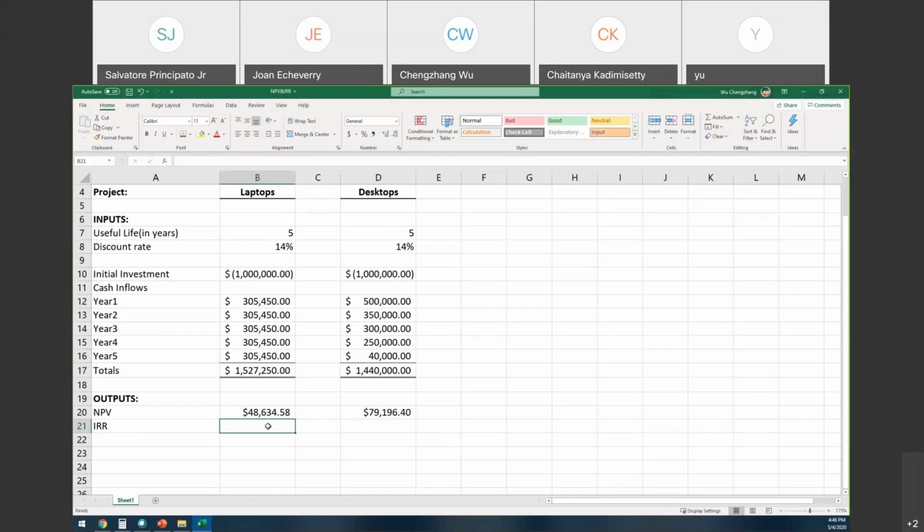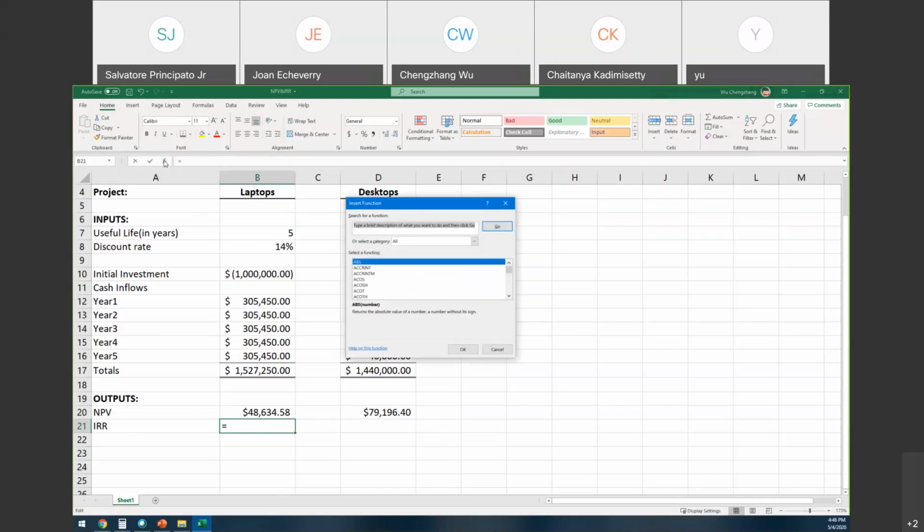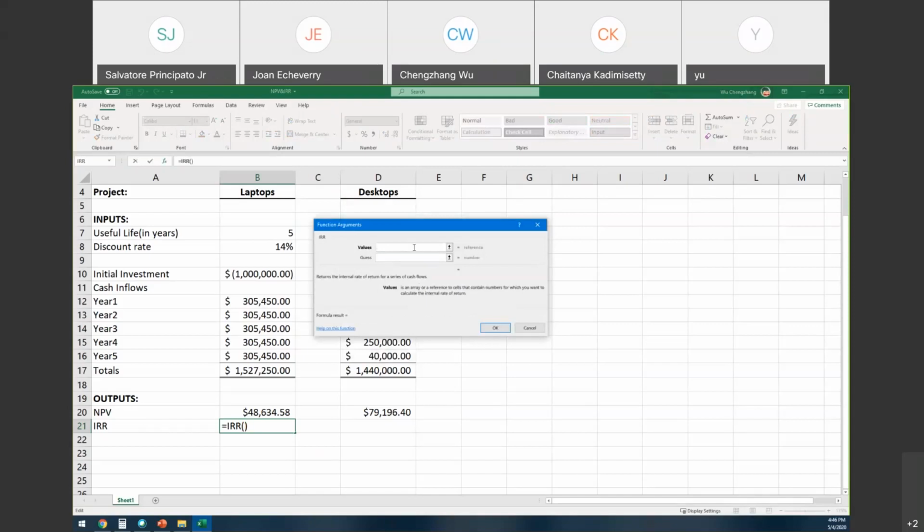We also need to use the IRR function to calculate the exact IRR value for each different investment. So we click the Insert Function button and find IRR. Right here. Well, in this function, only one value is required.